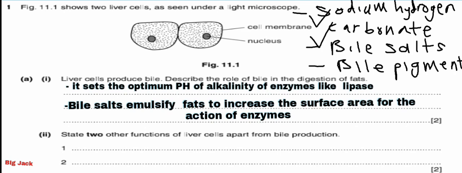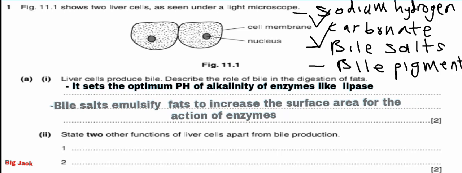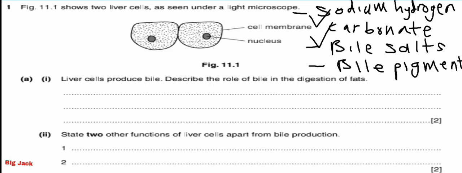Then as for Roman number 2, it is saying, state two other functions of liver cells apart from bile production. You are going to find that when the body is having excess blood sugar, so when I talk about excess blood sugar, I'm talking about excess glucose. The other name for glucose is blood sugar.